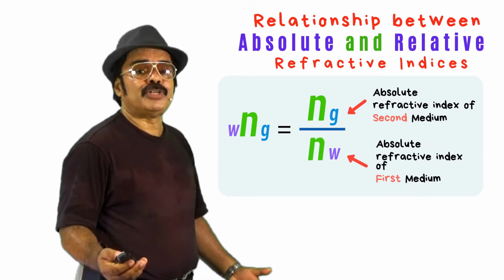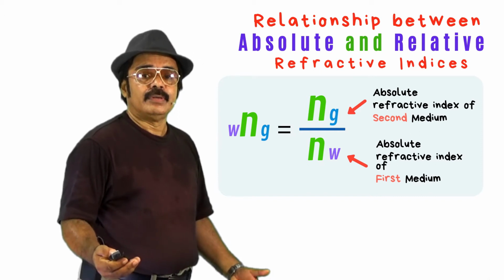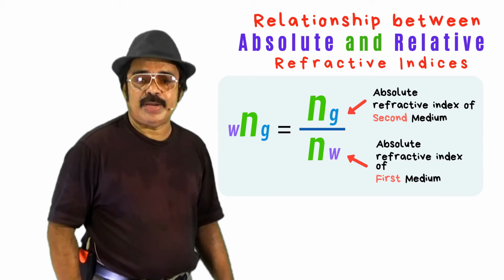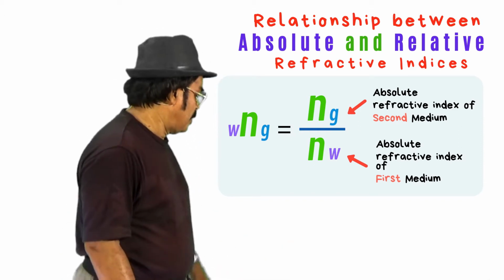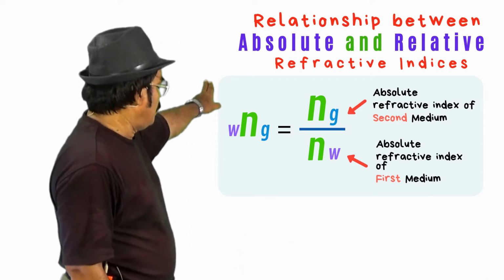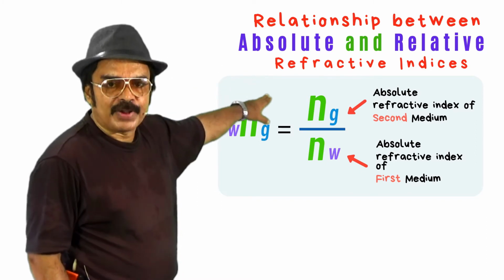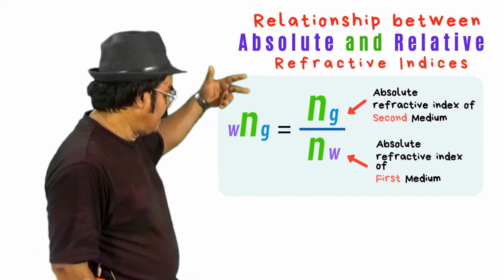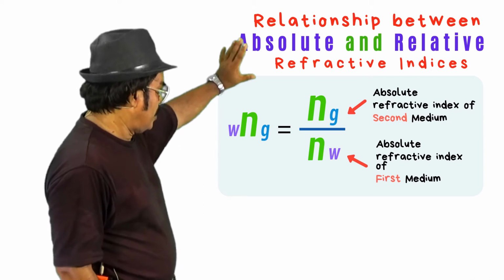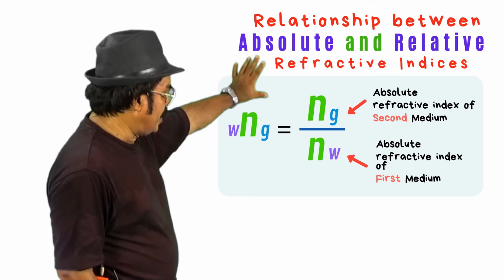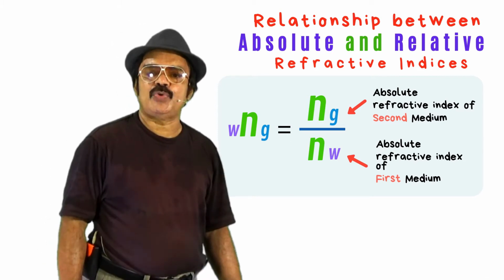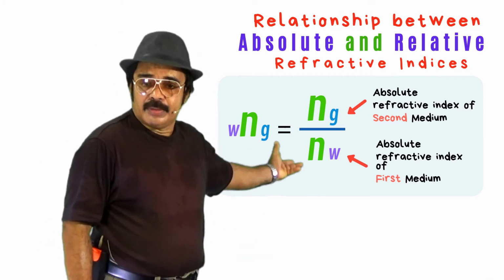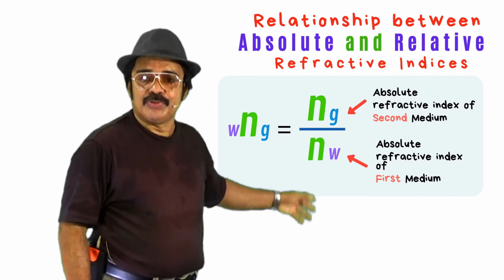The relationship between absolute refractive index and relative refractive index: you can see that W nu G is a relative refractive index. The relationship is that the ratio between the two absolute refractive indices gives the relative refractive index.